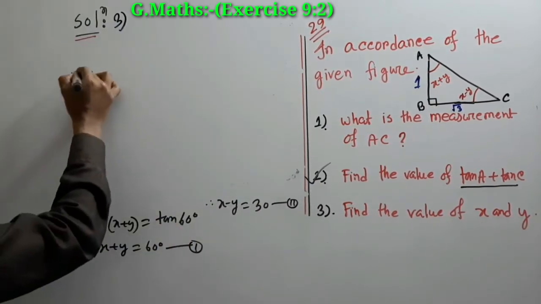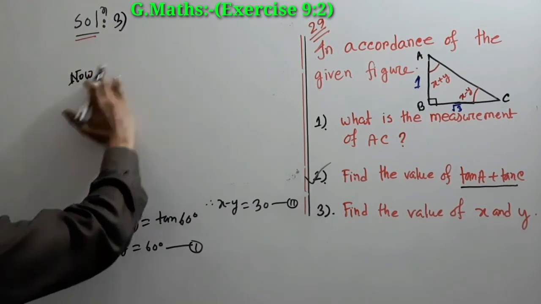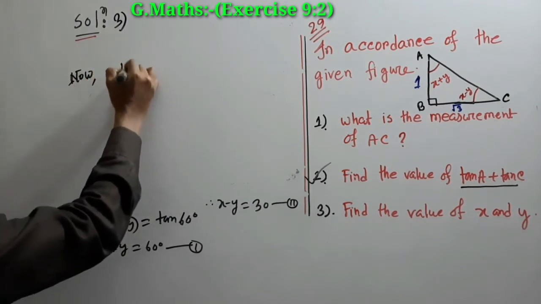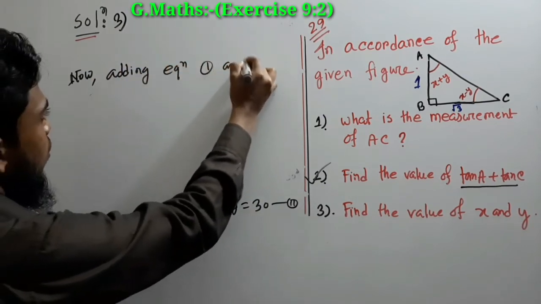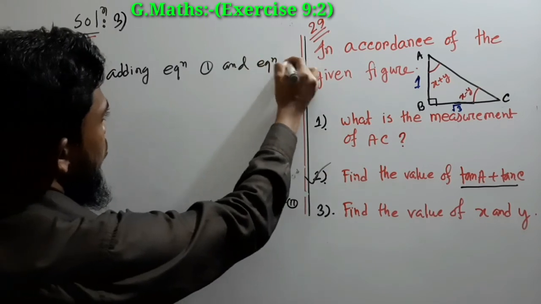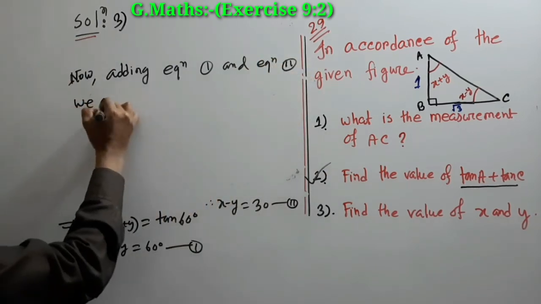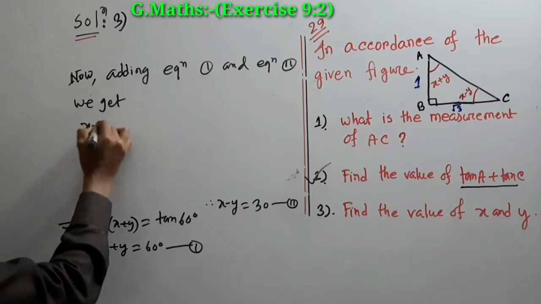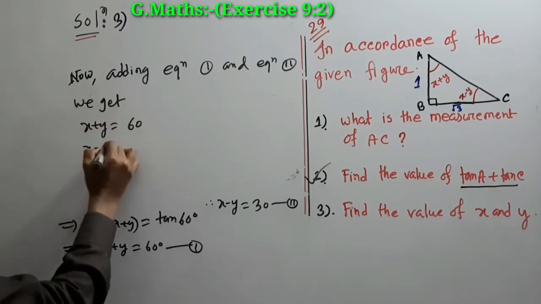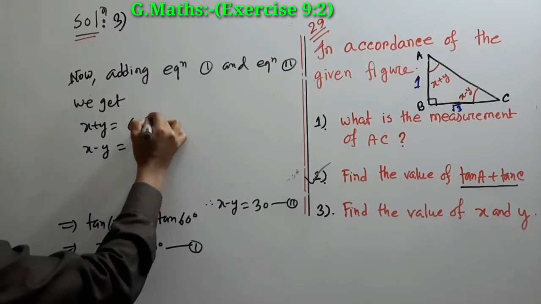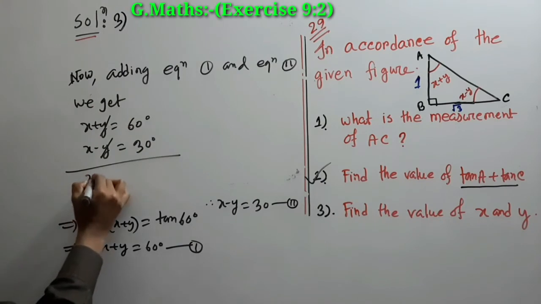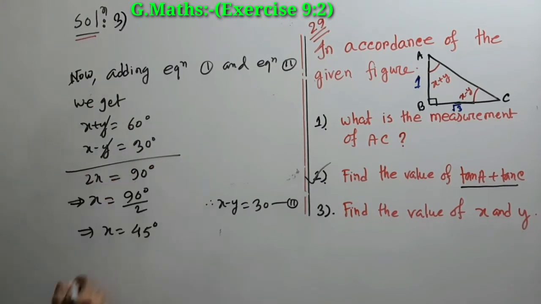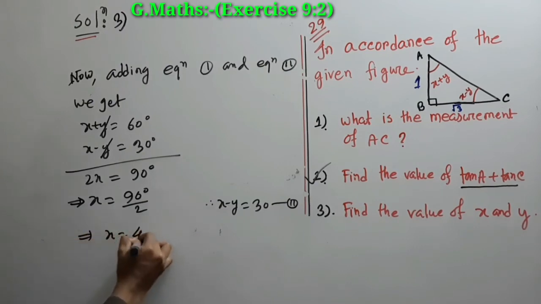Now adding equation 1 and equation 2, we get x plus y plus x minus y equal to 90 degree. So minus and plus are cancelled, so 2x equal to 90 degree. So x equal to 45 degree.